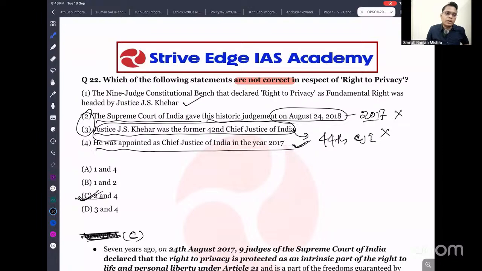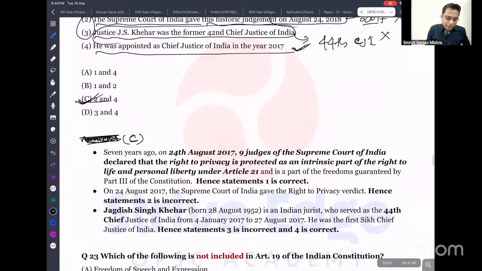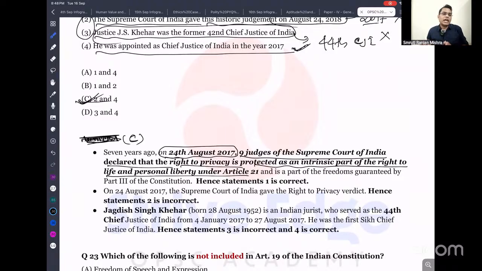On 24th August 2017, the nine-judge Supreme Court bench of India declared that right to privacy is protected as an intrinsic part of the right to life and personal liberty under Article 21. Article 21 talks about right to life and personal liberty, so this statement is correct.